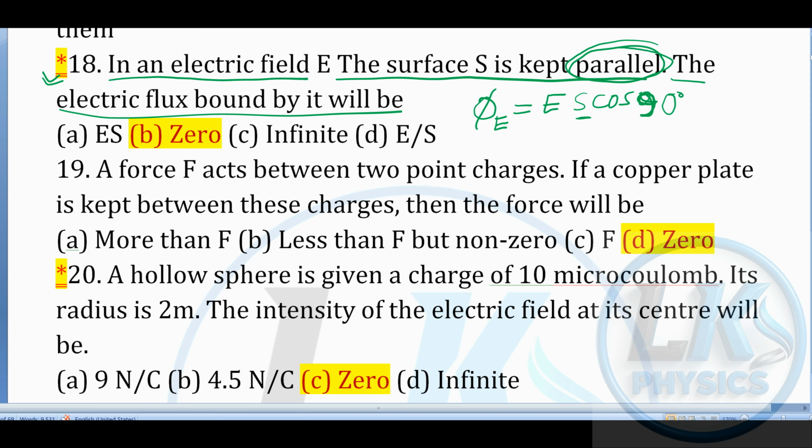For the surface, the angle is written opposite. You know that for a parallel surface, the angle will be 0, but the angle is taken for the area vector which is perpendicular to the surface. Thus, here we take an angle of 90 degree. Cos 90 degree is 0, so the electric flux is also 0.